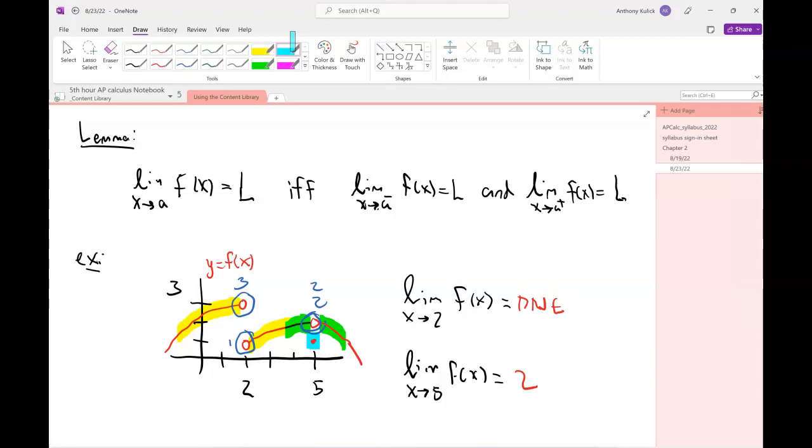On a calculator, would this be like 1.99? Would there be an error? First of all, you could not have an equation on your calculator that gives you this function. That's why I defined it with the picture rather than an equation.